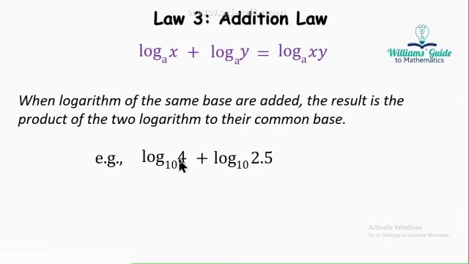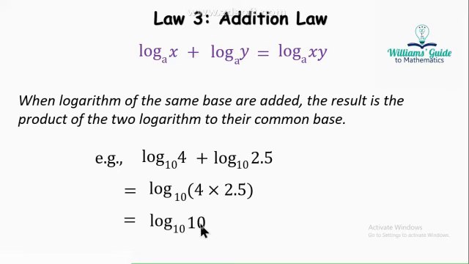So we multiply the two numbers, 4 and 2.5, giving us log 4 times 2.5 to the common base 10. 4 times 2.5 is 10, so we have log 10 from the multiplication to base 10. Remember our law 2, so that gives us 1 because the base and the number, they are the same.